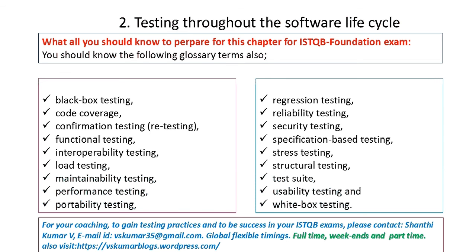Basically these are being done by the integration testers and unit testers most of the time, or there can be separate white box testing teams in the organizations. It all depends on the organization setup, how it is going to be executed.